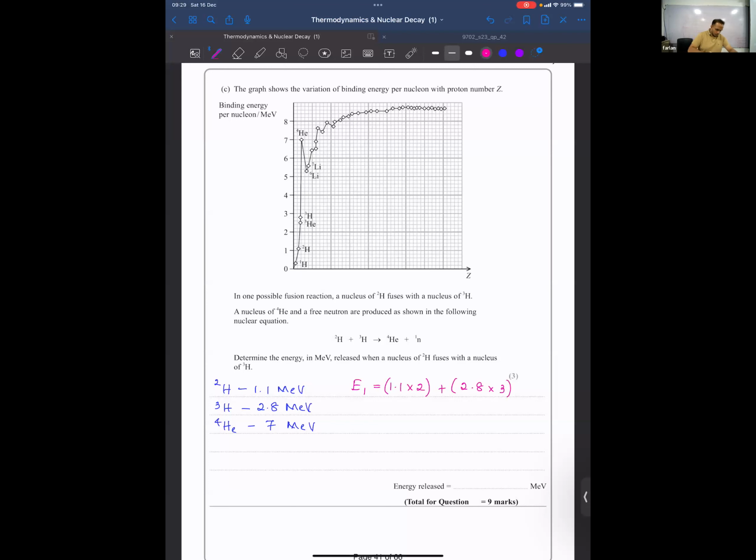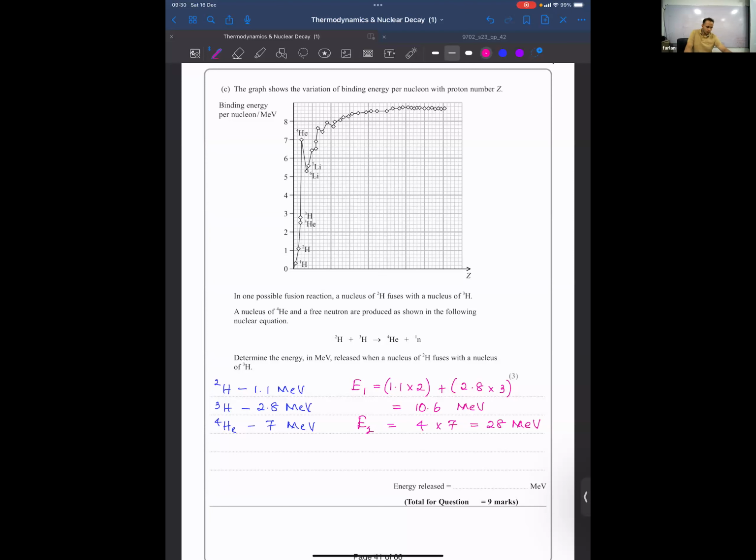So the energy that you need to supply is 10.6 megaelectron volts. This is the energy that you need to supply to disintegrate them. So the energy released during the formation of the helium 4 is 4 into 7, which is 28 megaelectron volts.